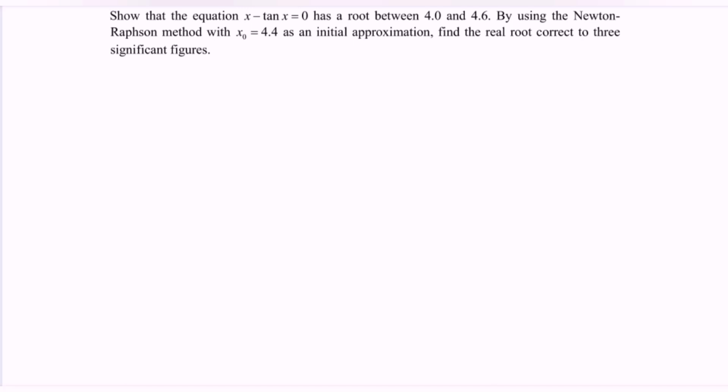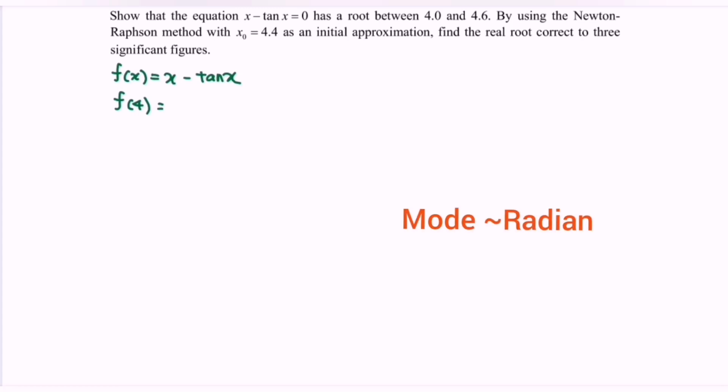So let us begin by stating the function. Here we have f(x) equals x minus tan x. Next, substitute f(4). Kindly take note to set the calculator in radian mode in order to avoid mistakes. So f(4) is 2.84, which is greater than 0.